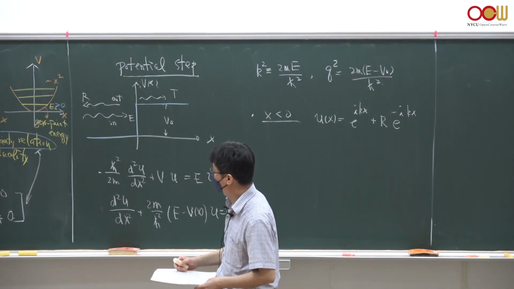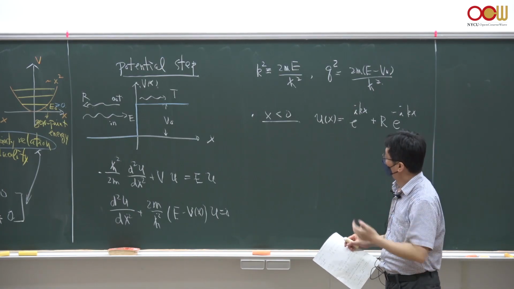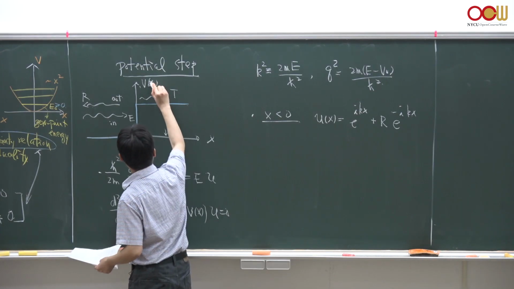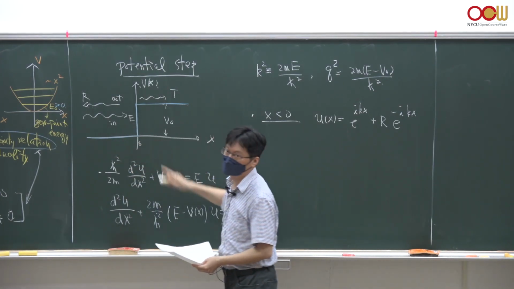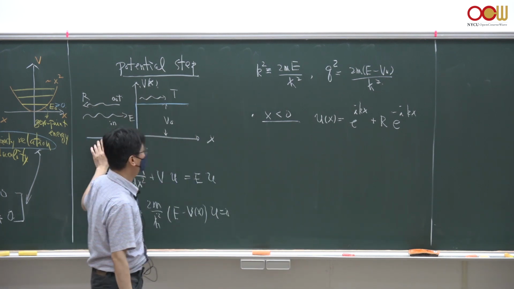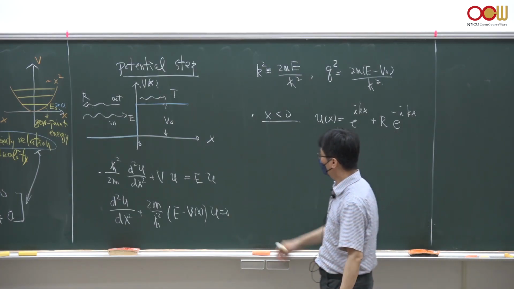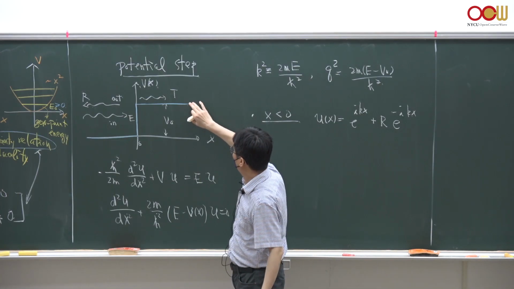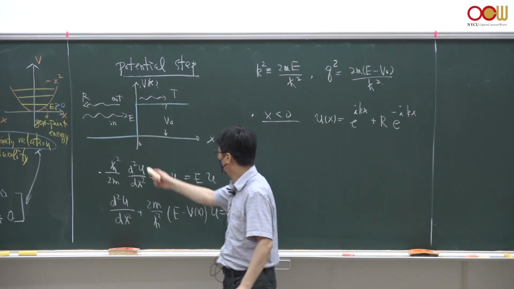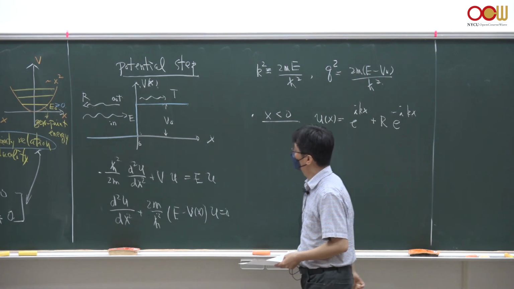Let's continue. We first look at the easiest example, a one-dimensional potential step. The potential V of x shows such step-like behavior. It vanishes when x is negative, and it is a constant positive value for x positive. So there is a jump right at x equals 0 from 0 to the finite value V0.